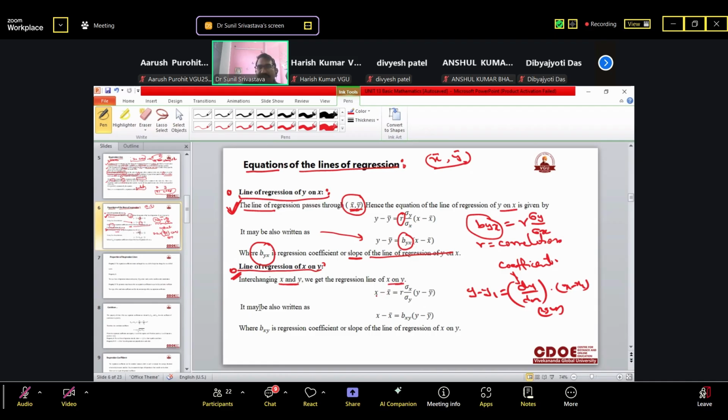It can be written as x minus x bar is equal to r sigma x upon sigma y, y minus y bar. It can also be written in the form x minus x bar is equal to bxy, y minus y bar. Here bxy is known as the regression coefficient of the line x on y.